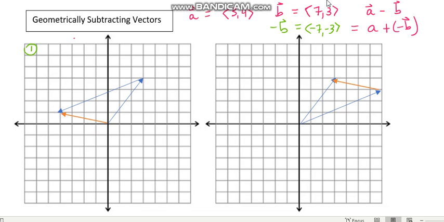Okay, and so in the first diagram, I have vector A drawn as a position vector, so starting at the origin, over 3 and up 4.